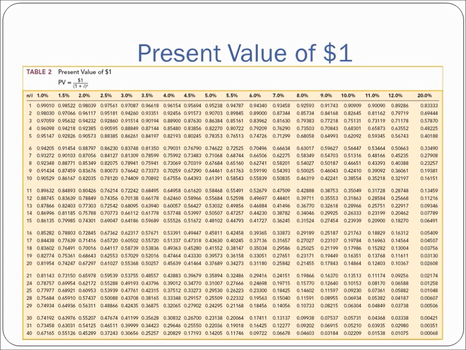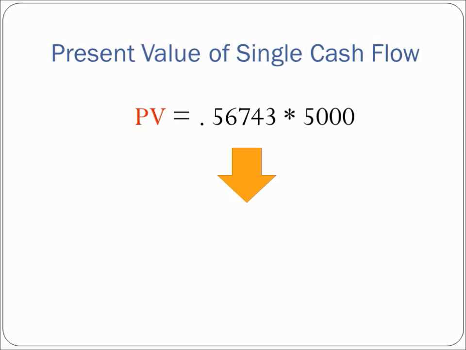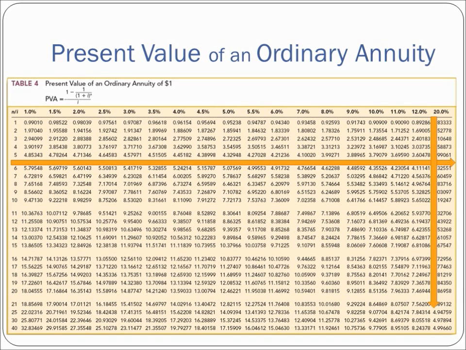The appropriate table factor is found at the intersection of n equals 5 and i equals 12%, or 0.56743. Plugging the table factor into the equation, we can see that the present value of the future sale is $2,837.15.